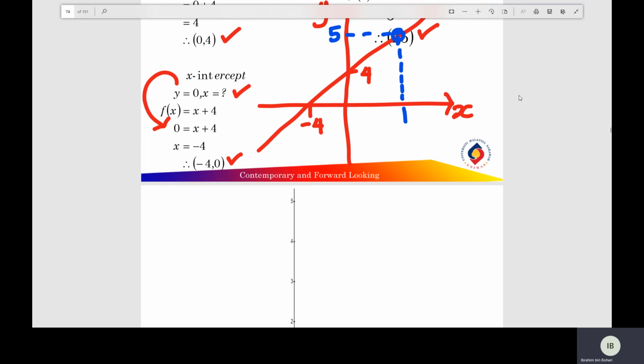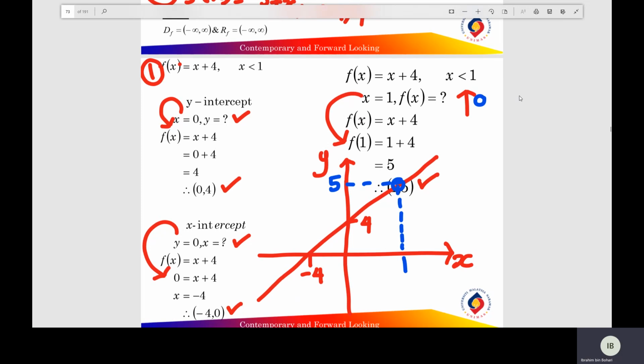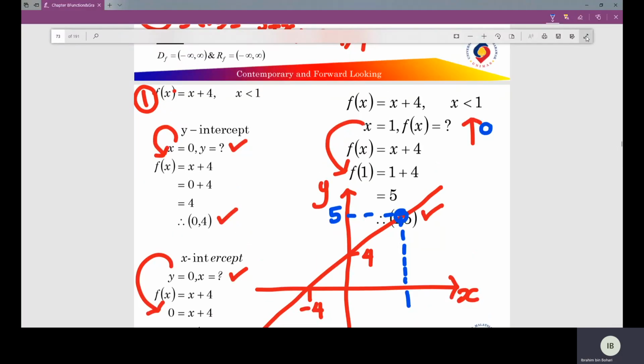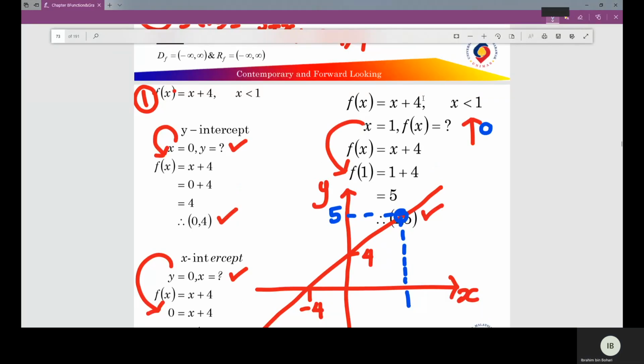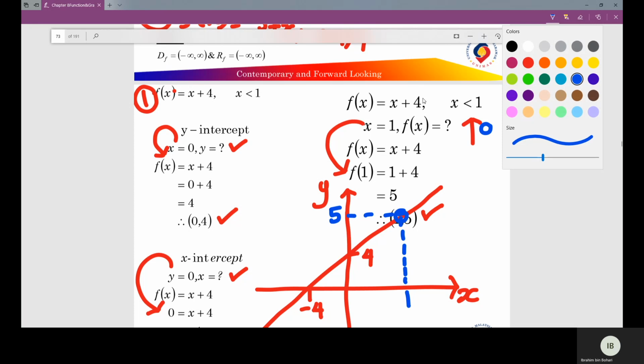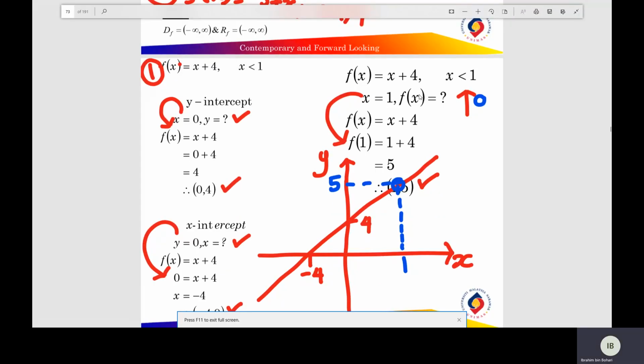Okay, you check again the first function. f(x) equals x plus 4, and the value of x, or domain of the function, is less than 1. First you check the domain of the function.